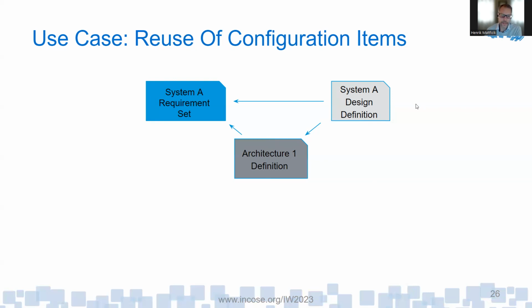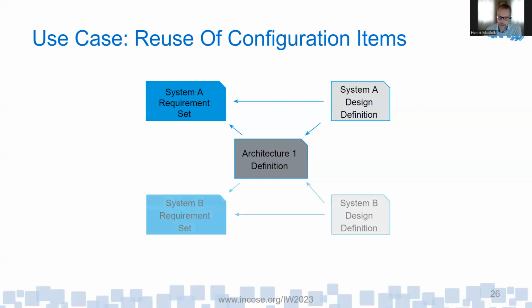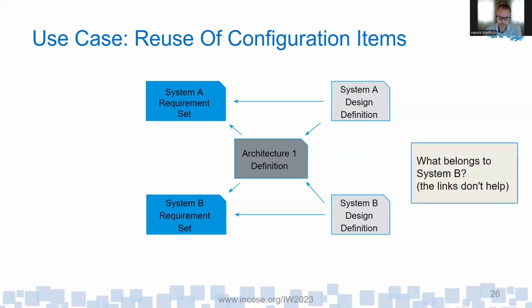Now we're going to create system B, but system B is going to be off of the same architecture. So I create a system B requirement set and a system B design definition, and I establish the trace links. We're using the same architecture here, so we're linking to the same architecture definition. So the question now is, what belongs to system B?